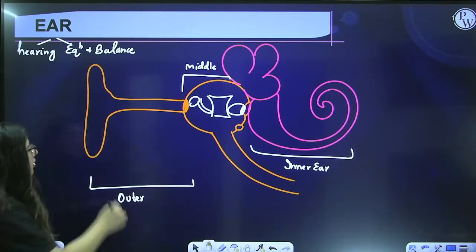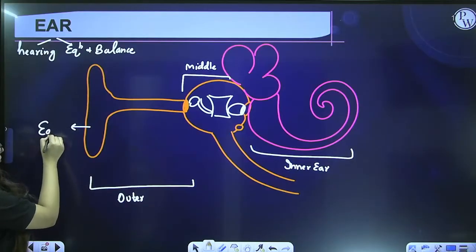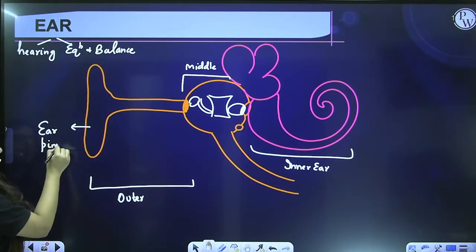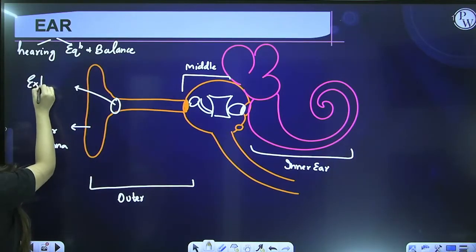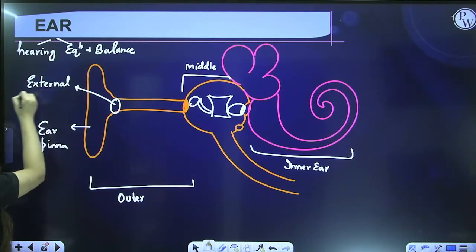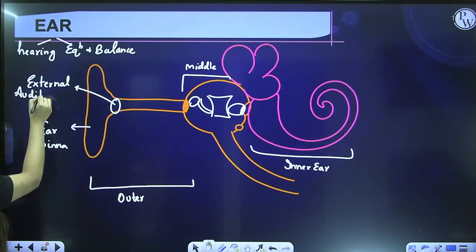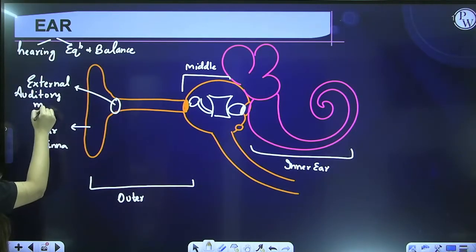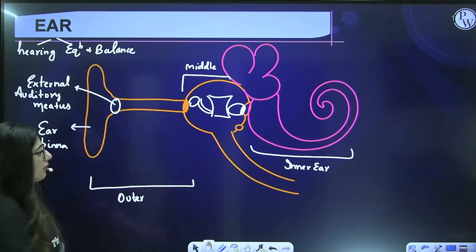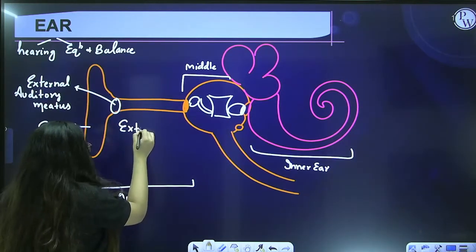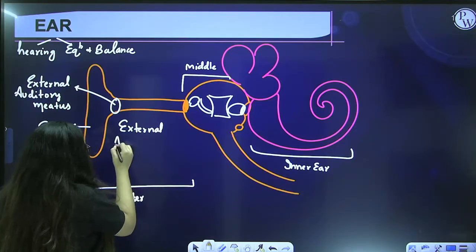The outer ear consists of the ear pinna, this opening which is the external auditory meatus, or the opening, and this long canal that is the external auditory canal.